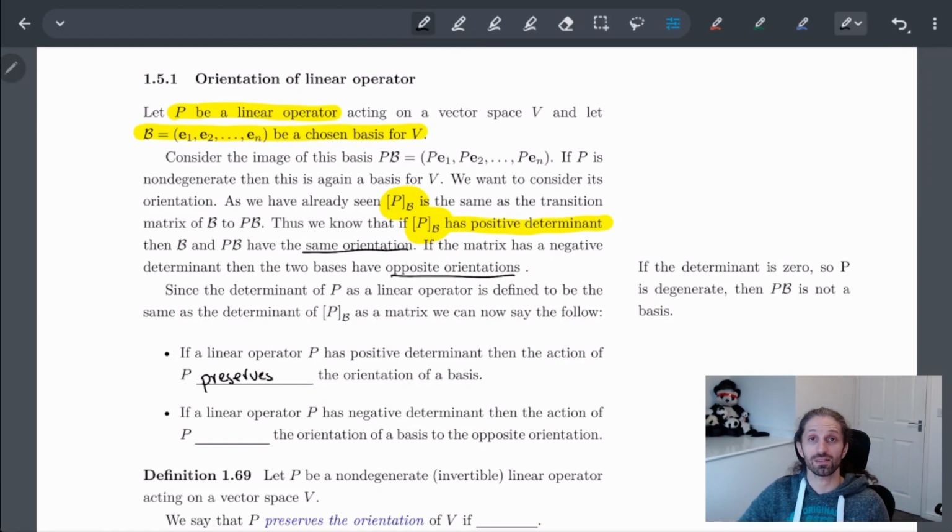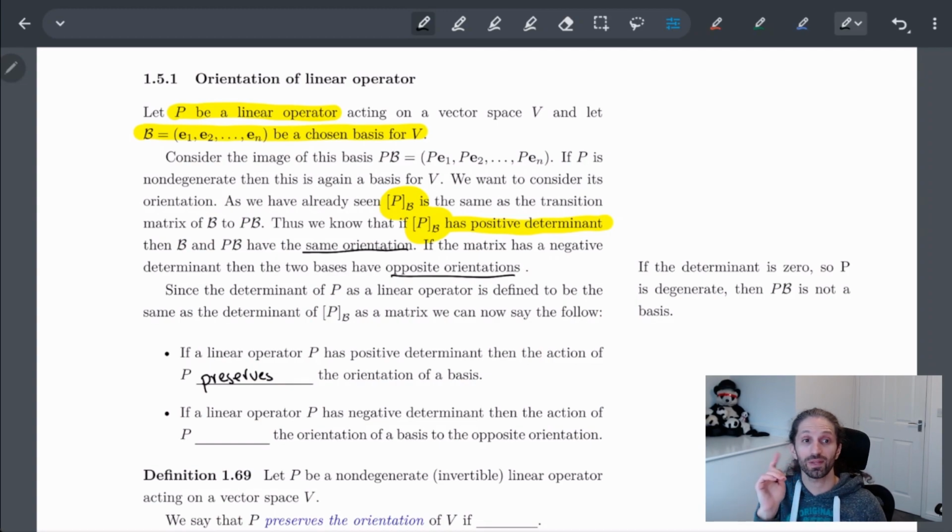In other words, if I have my basis and I apply P to it, then I get a new basis with the same orientation as the original basis. It doesn't matter what my original basis was.